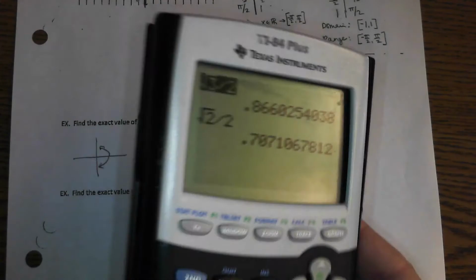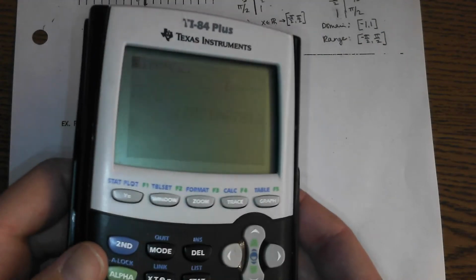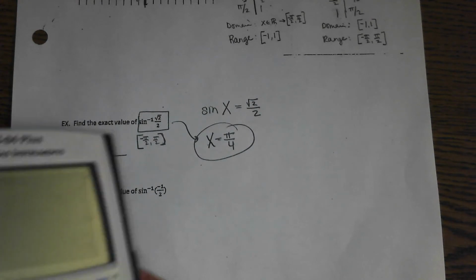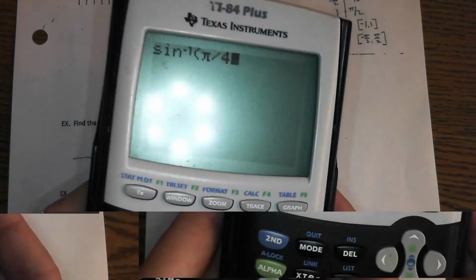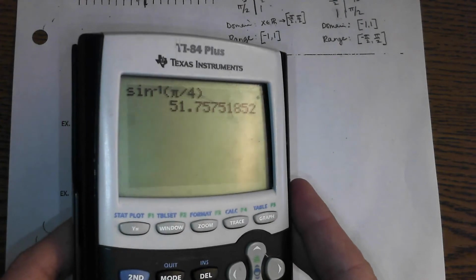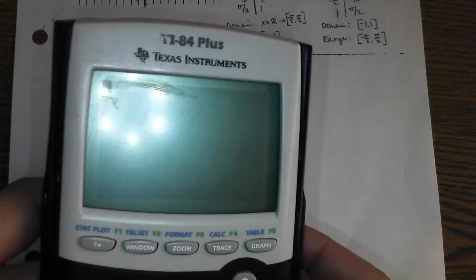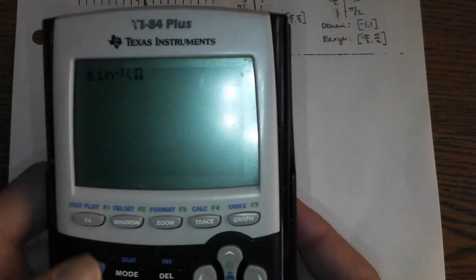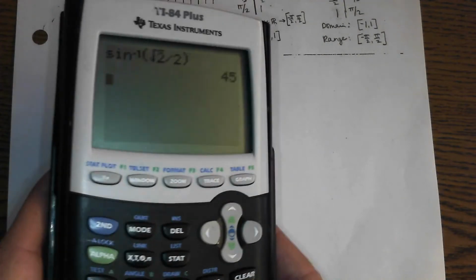Now mind you, my calculator's in degrees, so I should get how many degrees? 45. Nope, I didn't mean to hit inverse sine of pi over 4. I meant to hit inverse sine of root 2 over 2. And I'm supposed to get 45.